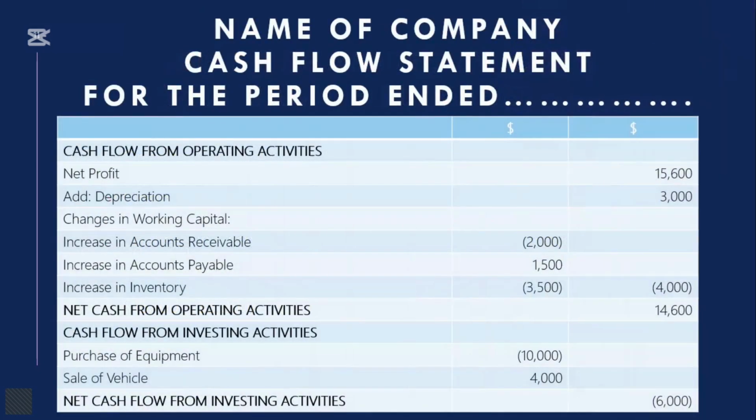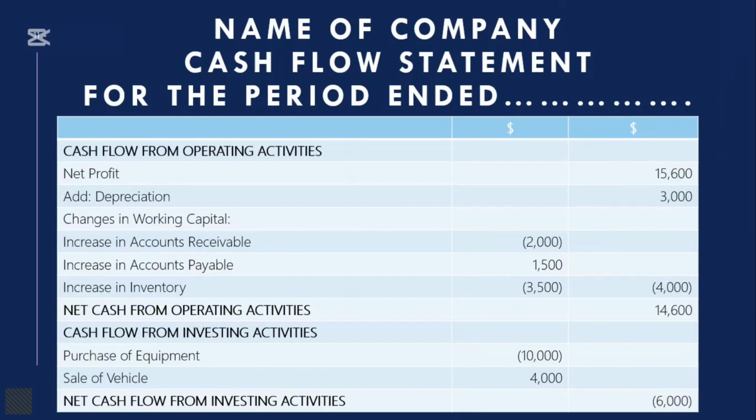Now, this is exactly what it would look like. Please remember, again, columns. One is for working, which would be the one on the left-hand side, whereas the one on the right-hand side is more for totals. So as we would see, we're putting our net profit of 15,600, add back our depreciation of 3,000.